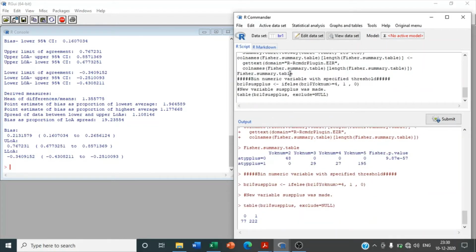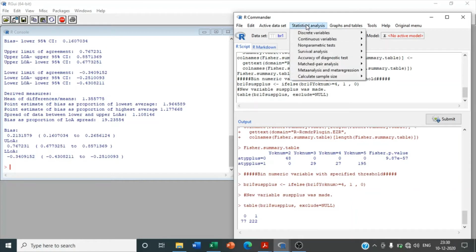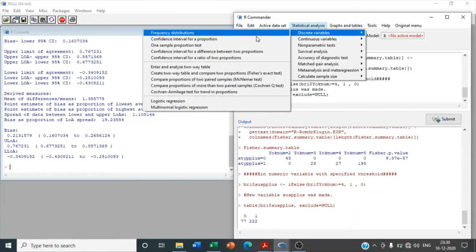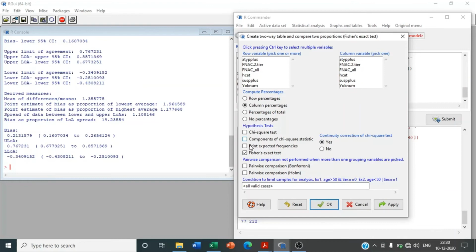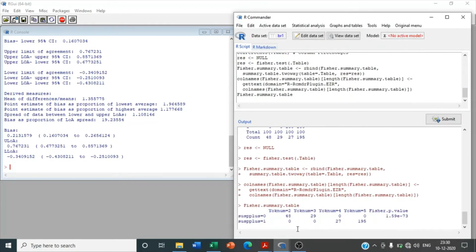We can also confirm it the same way, by the cross tabulation. And as we see, sus plus equal to 0 includes the benign and atypical categories. Sus plus 1 includes the suspicious and malignant categories.